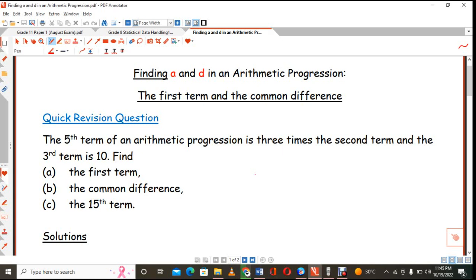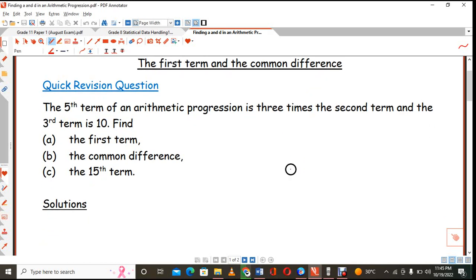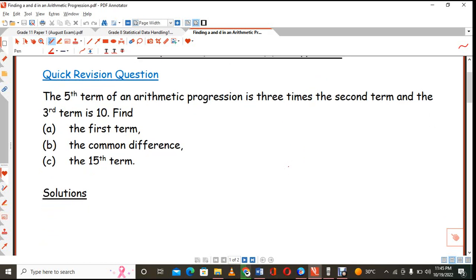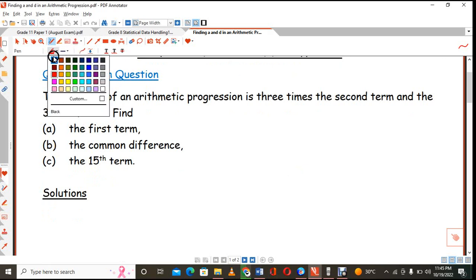So maybe you can pause the video and attempt to solve this question. All right, so let me just write down what I have so far.